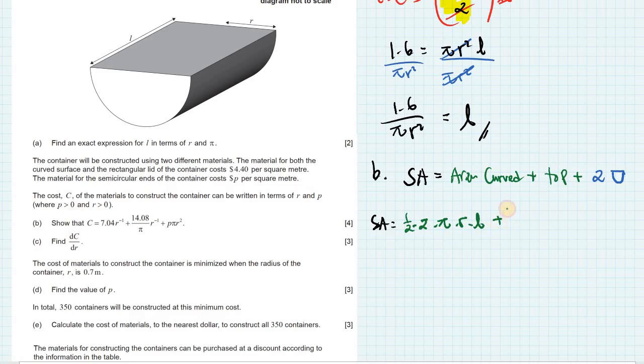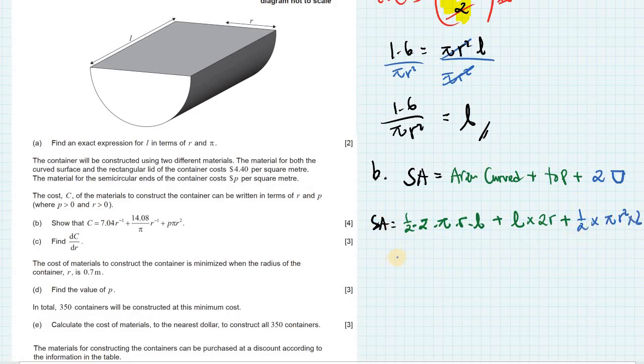Plus the area of the top, which is the length times 2r. The two semicircles: half times pi r square times 2, because there are two of them, and each of them is half.